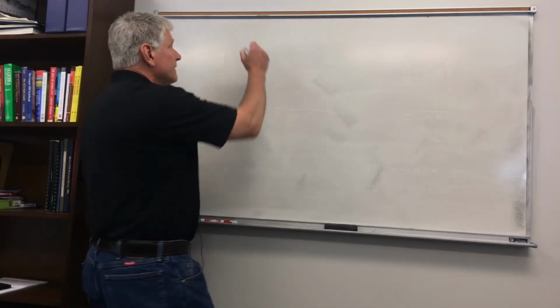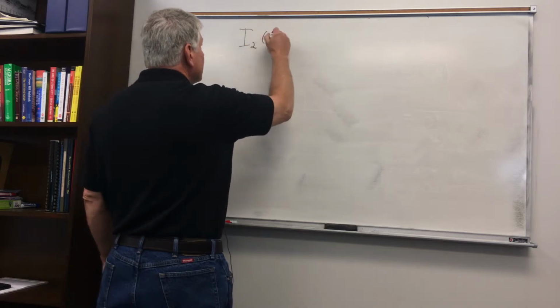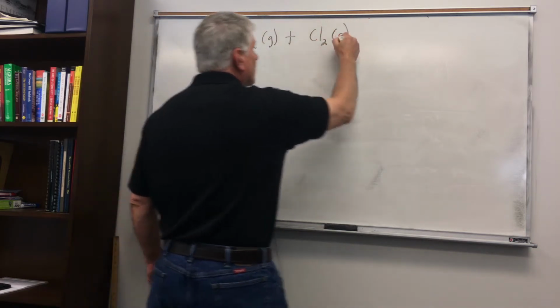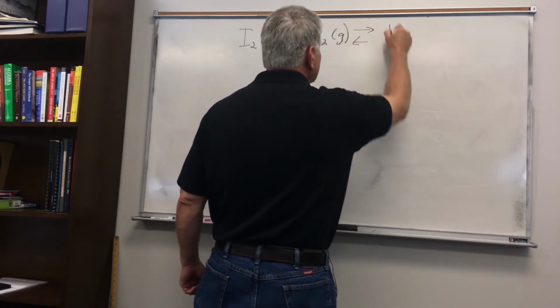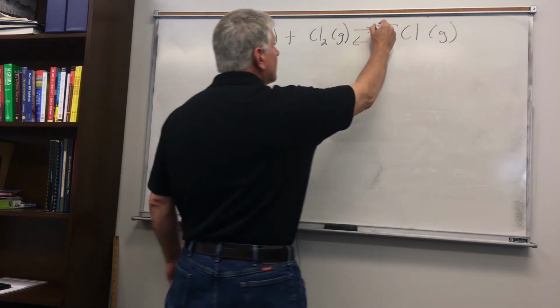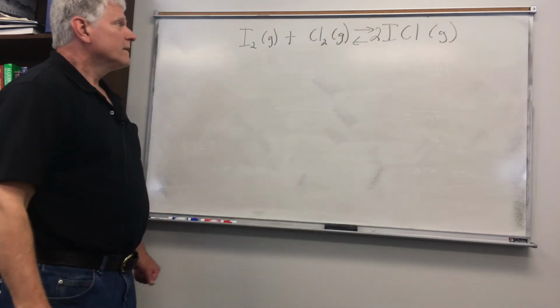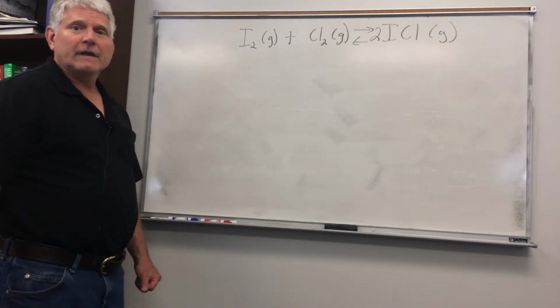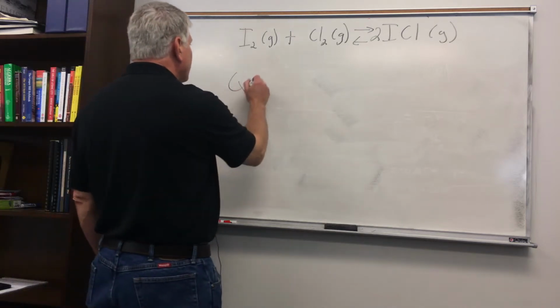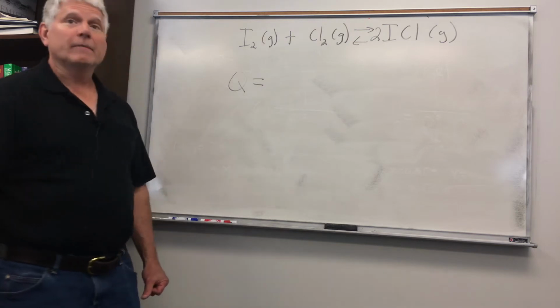Let's consider this example. So we have iodine and chlorine gas to produce iodine chloride. So here's a reaction, and let's calculate the reaction quotient and compare it to the equilibrium constant.